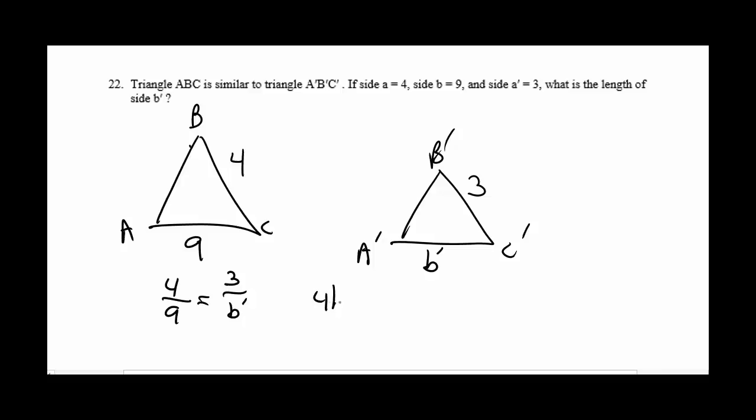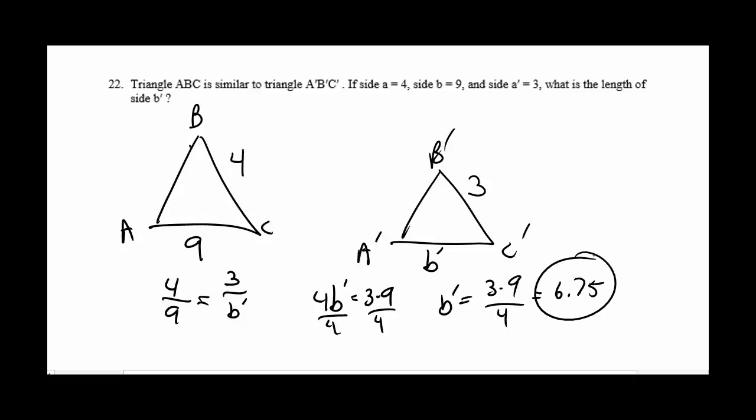So 4 times B prime equals 3 times 9. So then I want to divide both sides by 4. So 3 times 9 over 4, whatever that is. Okay, so 6.75 is the length of B prime.